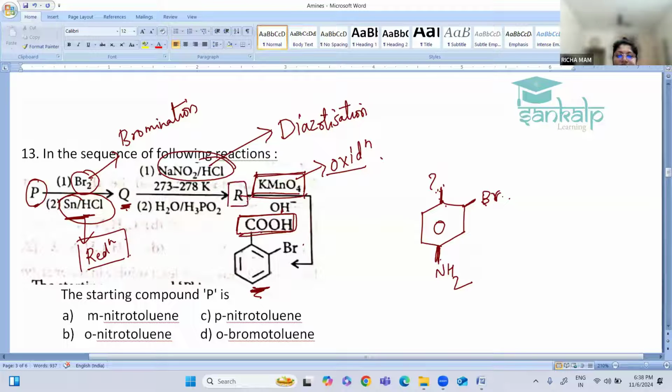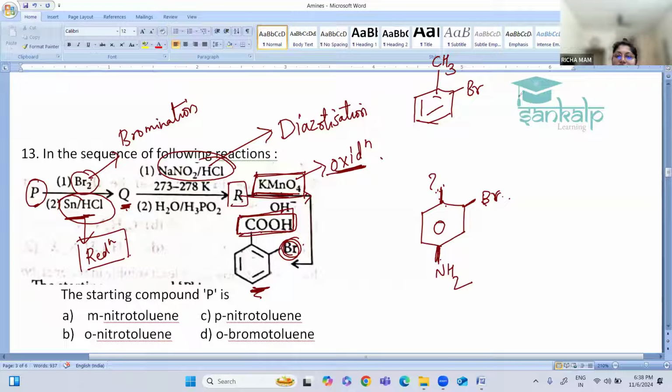So our R should be like this, your bromine will not get converted with KMnO4. So this will be your Br itself, and something has converted to a carboxylic acid group. So here it will be CH3. If it is a methyl group, oxidation means what?